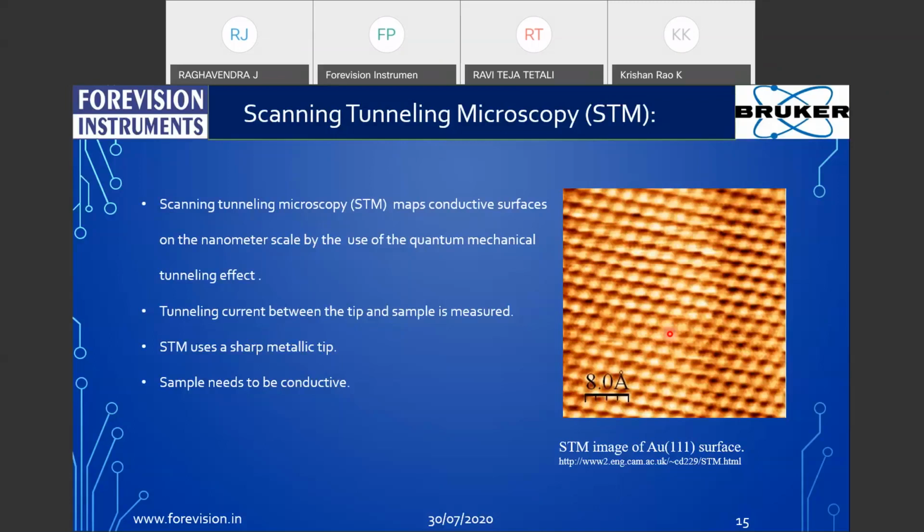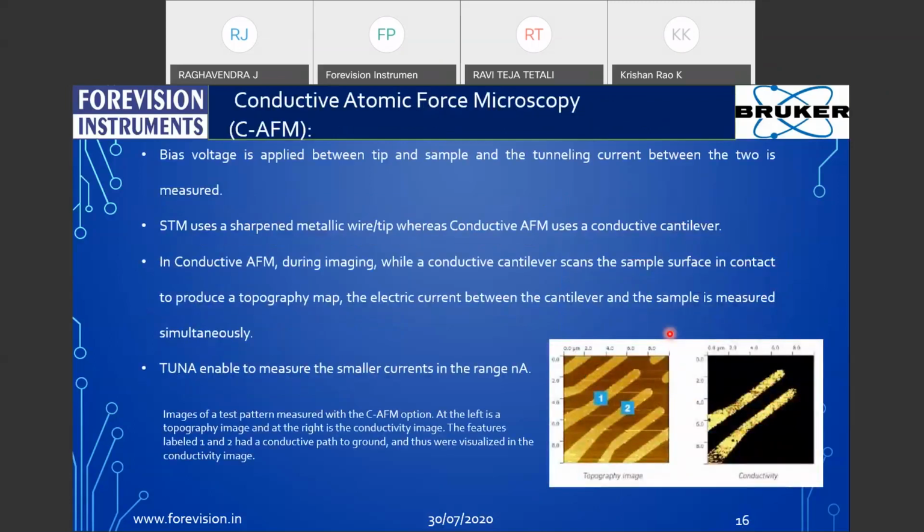So here we have a solution with AFM, which is called conductive AFM, where instead of keeping that gap, we touch the sample with our cantilever and measure the currents, again using a bias between the tip and the sample. With this method, you can measure very low currents in the range of microamperes.